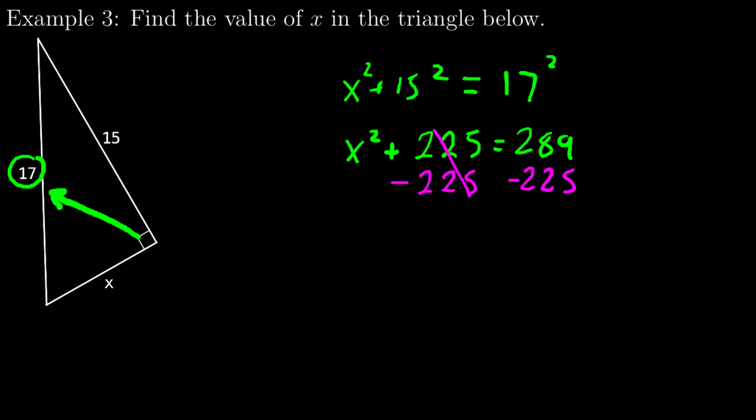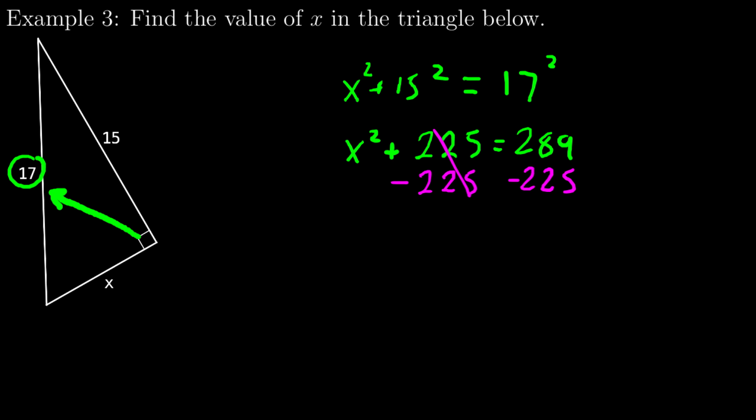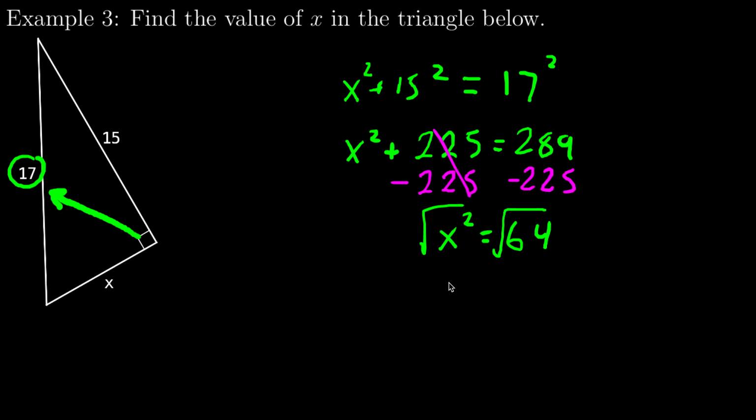So I'll do 289 minus 225. Again, you may be able to do that, you may not. That gives me 64. And then I'll do the square root of both sides. Again, you can go to the calculator if you need to. You probably know the square root of 64 is 8. And we get x equals 8.